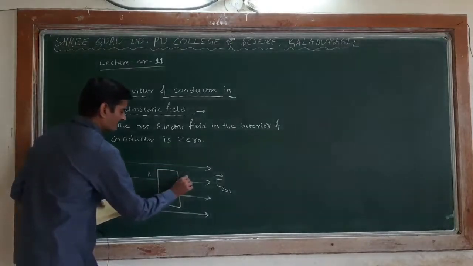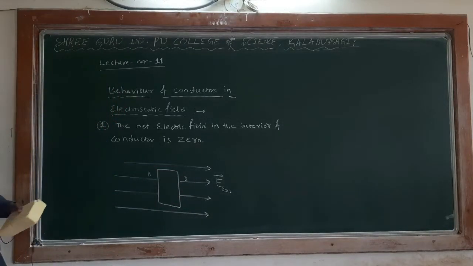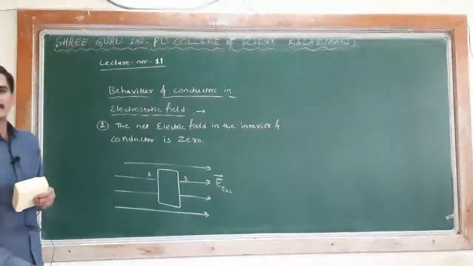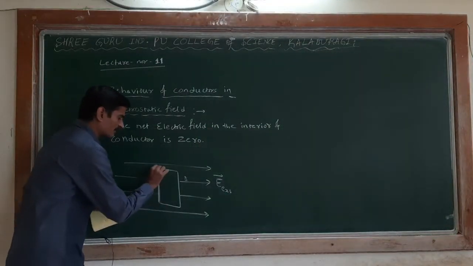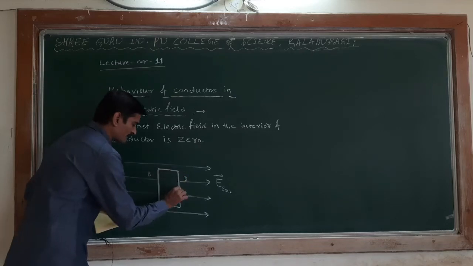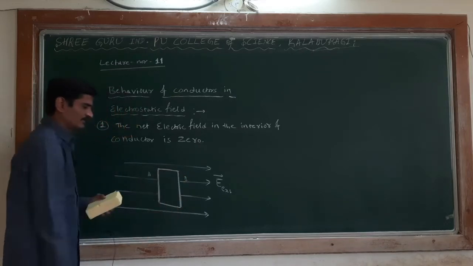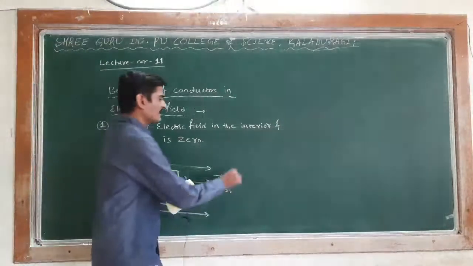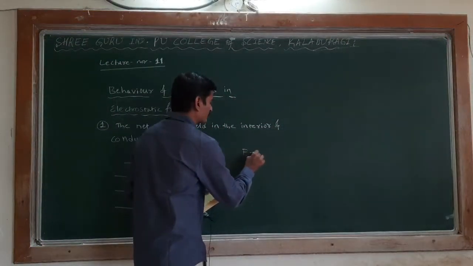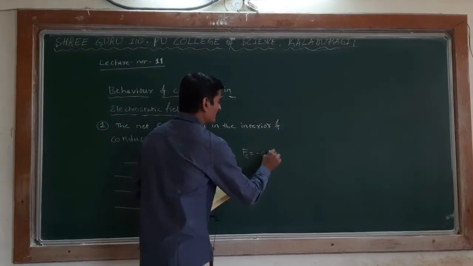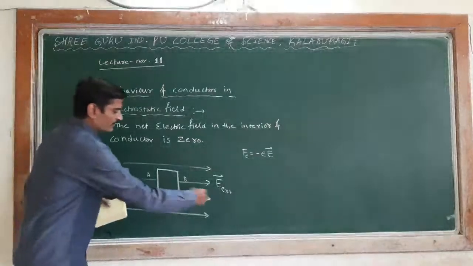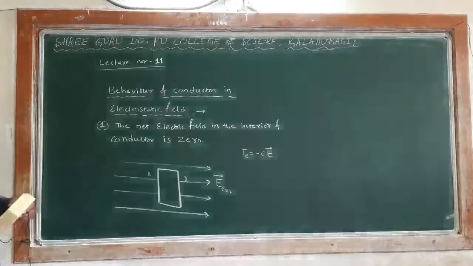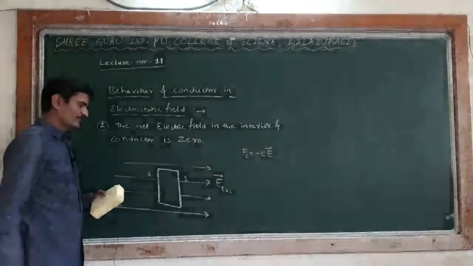This is end A of the conductor, this is end B. When an external electric field is applied, we know that the conductor consists of a large number of free electrons. These free electrons will experience a force F equal to minus e E. This force is in a direction opposite to the direction of the external electric field.